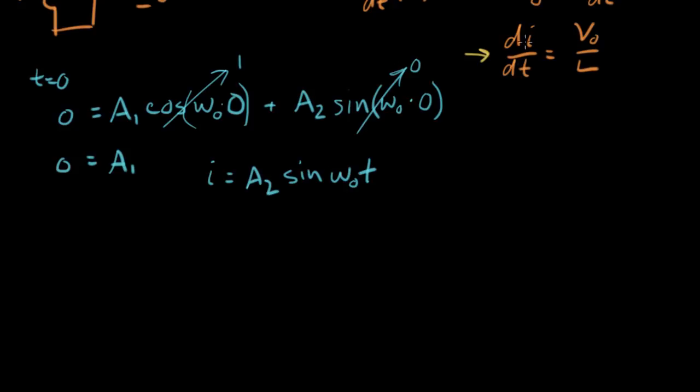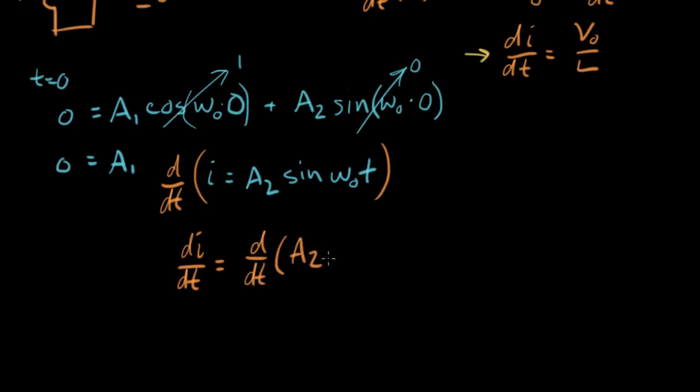So to use our initial condition, we need di dt. So let's take di dt of this. We're going to take d dt of this whole equation. And on the left side, we'll get di dt. And on the other side, we'll get d dt of A2 sine omega naught t. Okay, so far so good.